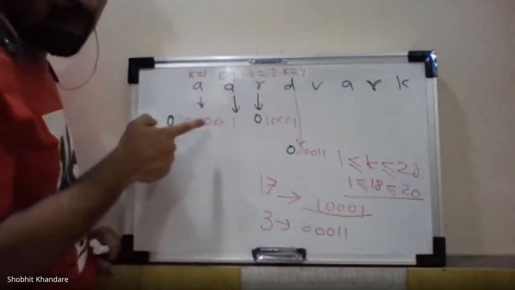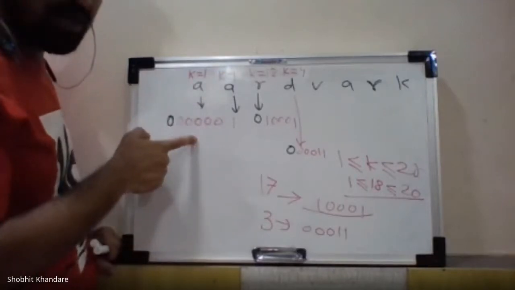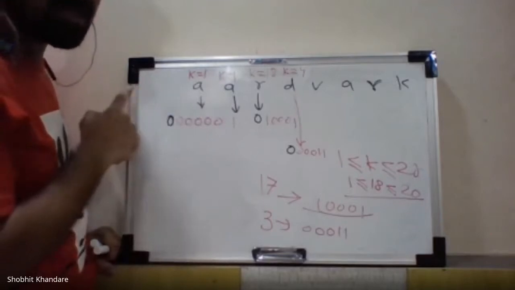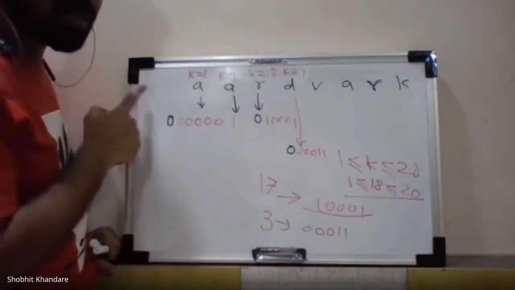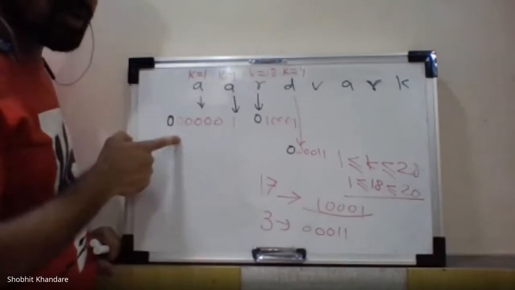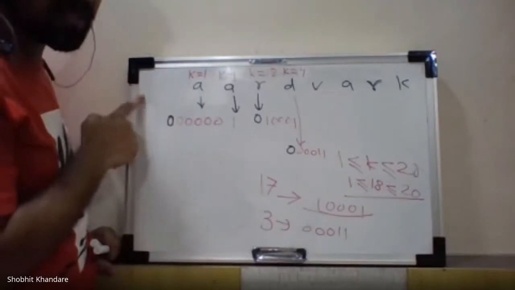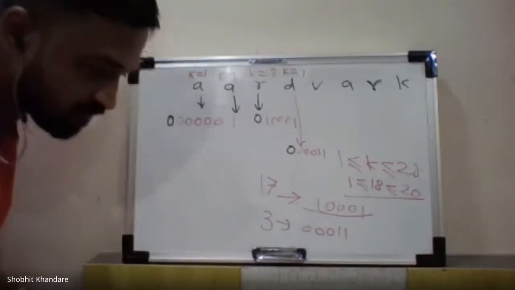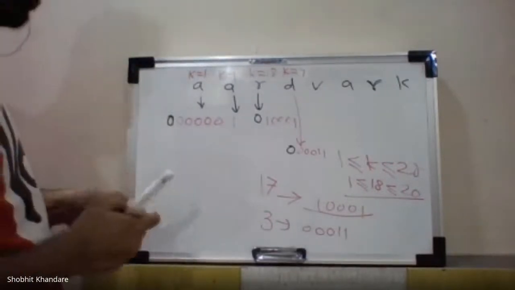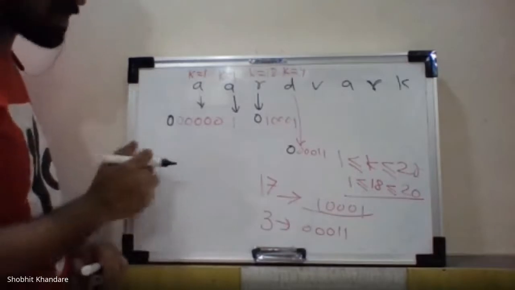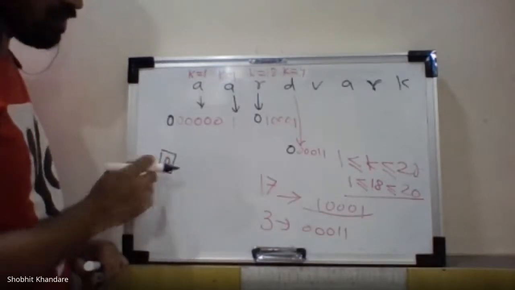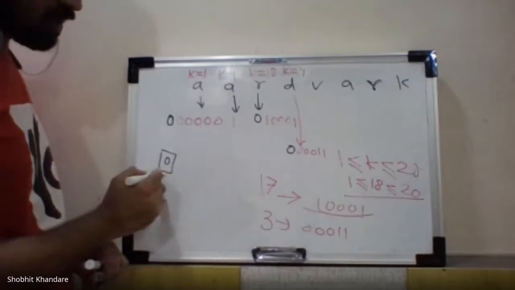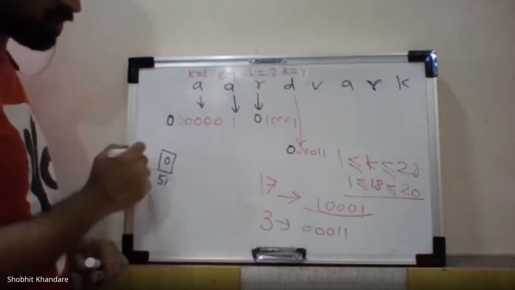But as I have told you, while we are encoding, we have to refer to the updated tree diagram, because encoding is based on the reference of the updated tree diagram. Now if you refer to the tree diagram, initially we started with NYT, where the value will be 0 and the weight will be 51.